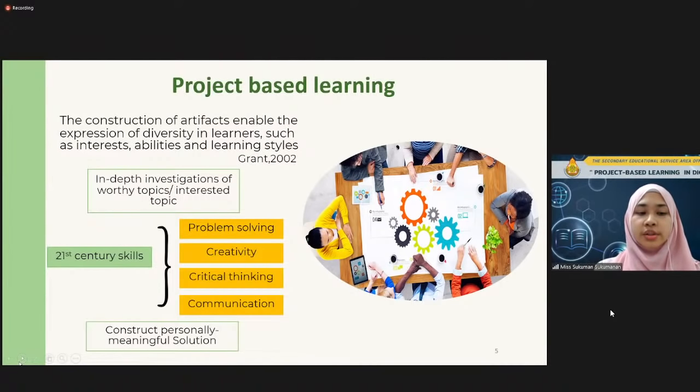Those are the 21st century skills. Finally, after they go through the whole process, they can construct their personal and meaningful solution. This can be a thinking model or sometimes many kinds of solutions.